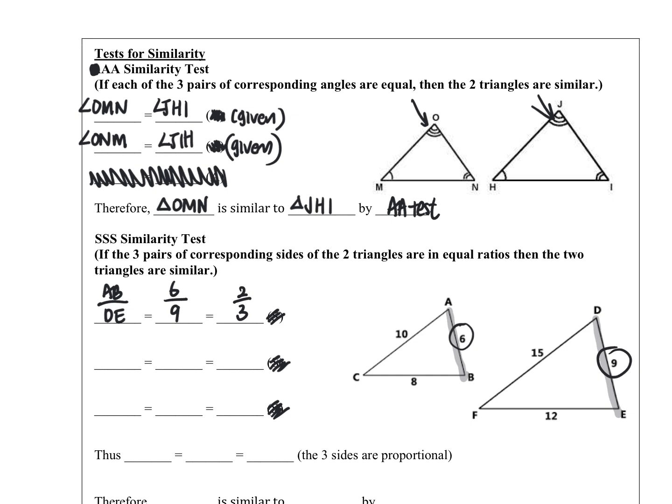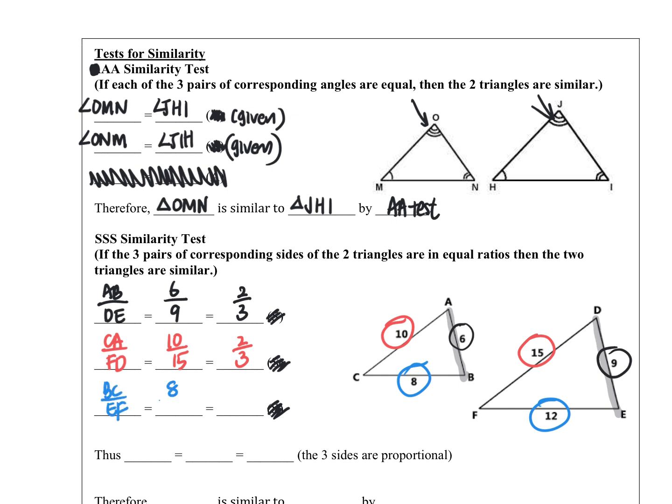So let's find another pair. CA and FD, 10/15, you realize it's also 2/3. And the last pair is between BC and EF.